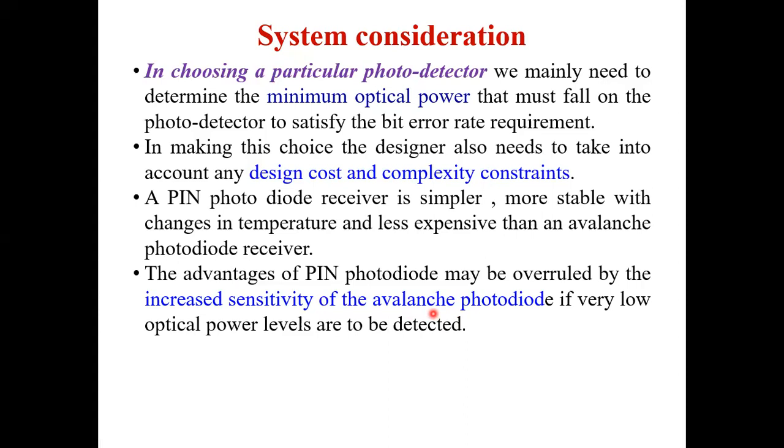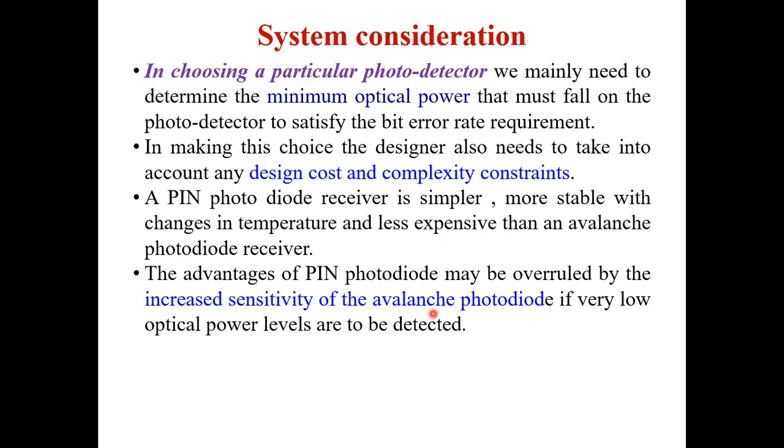Photo current, that is what we are talking about. Suppose the light has traveled through the transmitter and all the transmission medium, and when it reaches the photodetector the power is very small. If at that time I am using a PIN photodetector, it won't be able to sense that little power, because we are saying in this sentence that the sensitivity of the PIN photodetector is less.